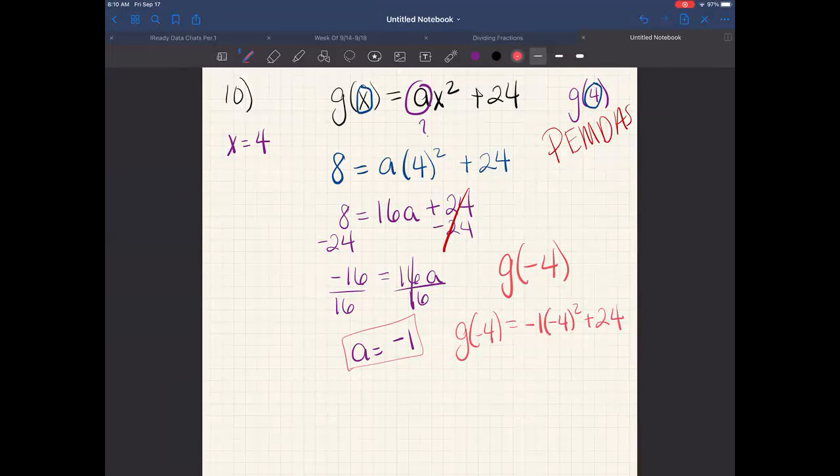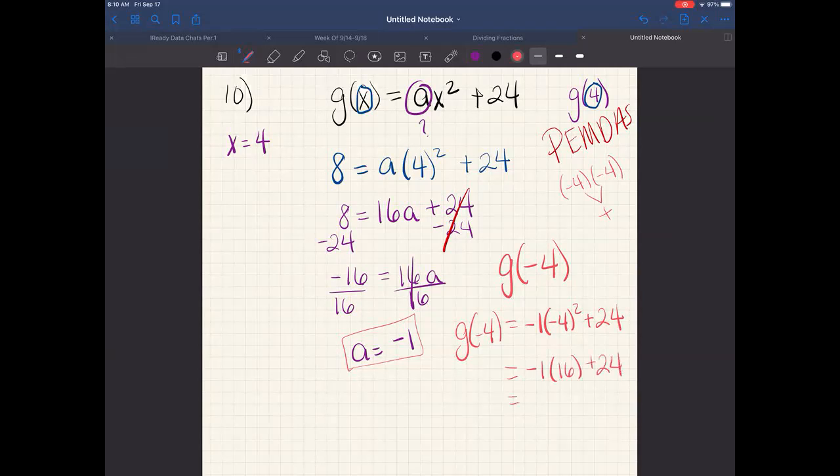So now it's just our regular solving. So we already said negative 4 squared is equal to what? 16, just plain regular 16. Remember that it's really negative 4 times negative 4, and two negatives equal positive. So that's negative 1 times 16 plus 24.